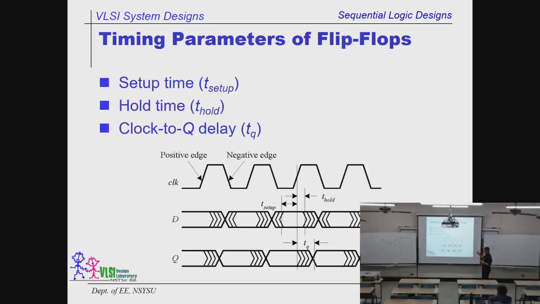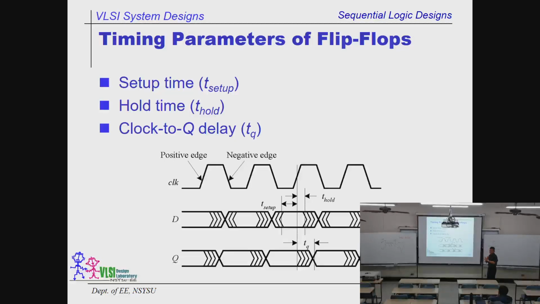Another term for you to understand is TQ. TQ means the time after the sampling until the Q is stabilized. This is the time needed to stabilize the output. Clock to Q is called TQ.